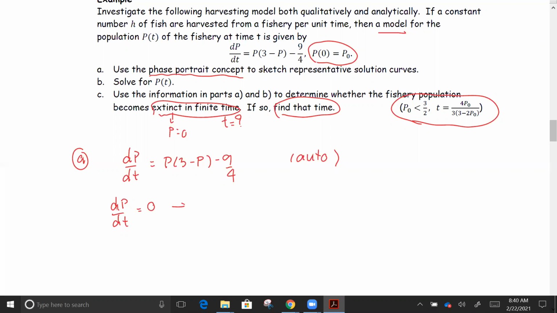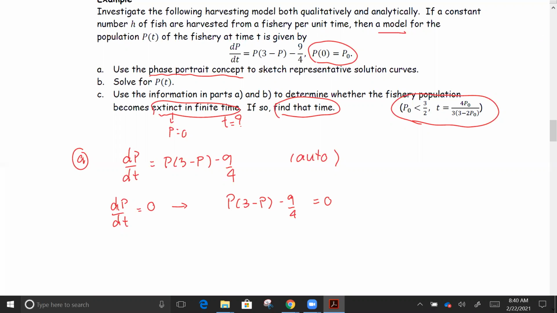The critical number occurs when dP/dt, or the rate of the population, equals 0. Therefore, we are going to solve P times (3 minus P) minus 9 over 4 equals 0 and see what the number P is, making the rate of change 0.